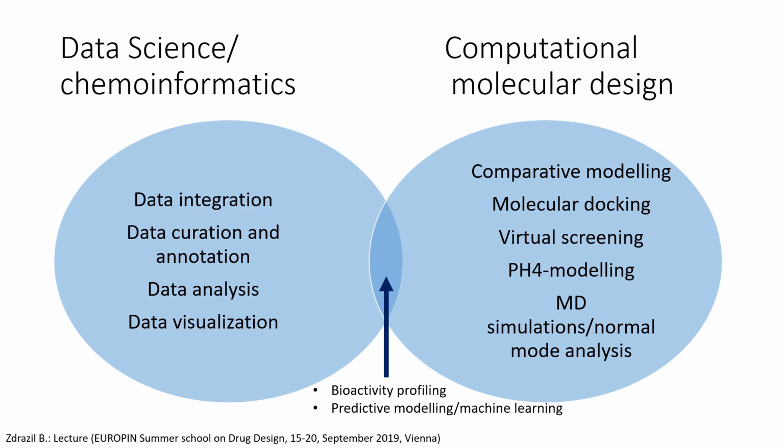On the right side, you can see computational molecular design that involves several methods. With them, you will get more familiar during the semester in the following lectures. We can include, for example, comparative modeling, molecular modeling, virtual screening, pharmacophore modeling, molecular dynamics, and some other simulations.